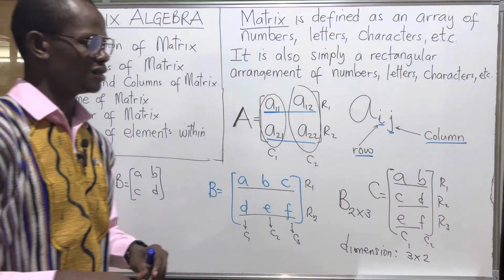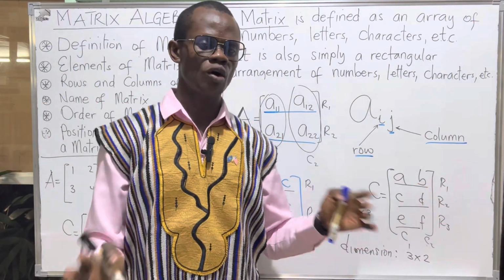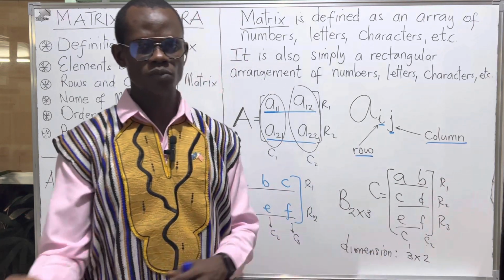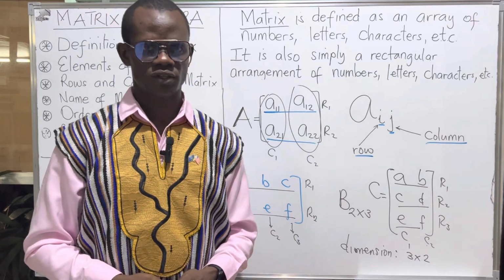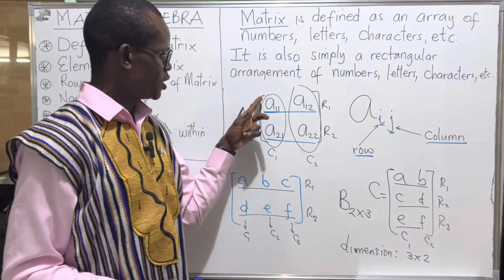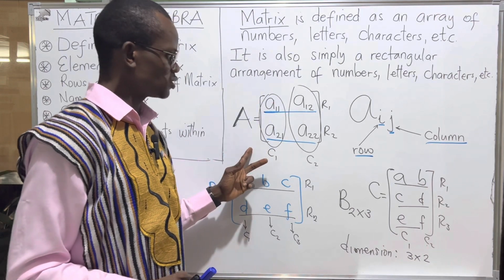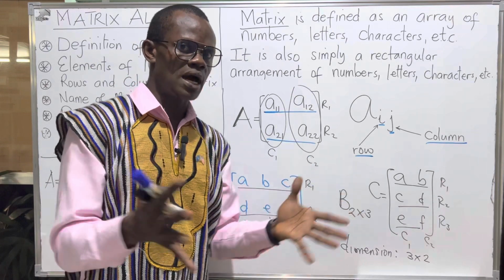As long as it is an orderly arrangement of rows and columns, that is referred to as a matrix.